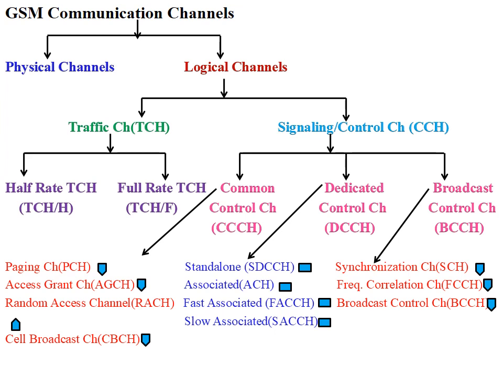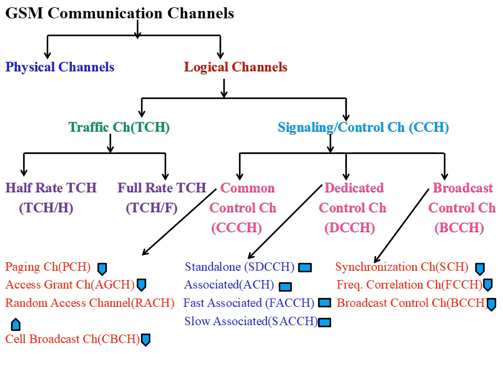Second channel, access grant channel, which is included in the common control channel. The BTS uses the access grant channel to signal an MS that it can use a traffic channel or standalone control channel for further connection setup.